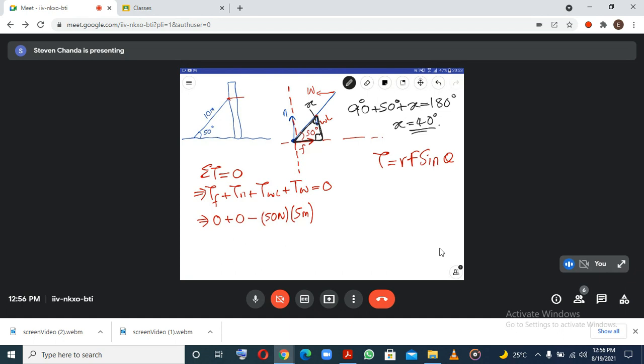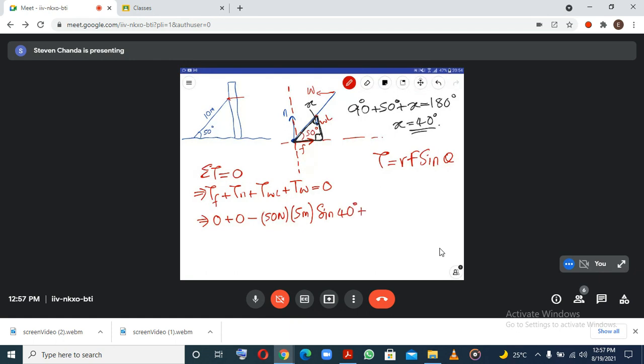Before I can continue, has everyone understood why that angle is 40 degrees? Okay, it's quiet. Okay, so we put sine 40 degrees there.